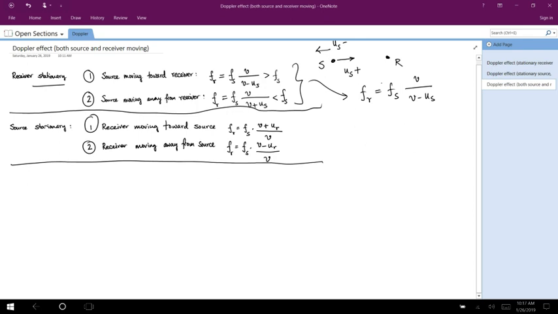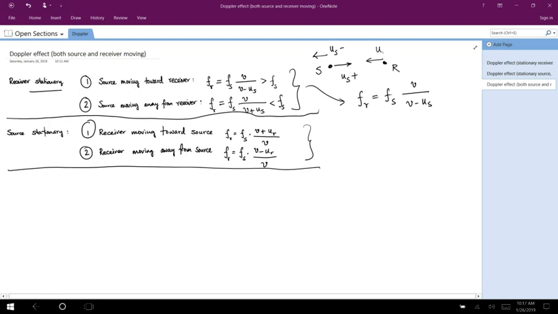We can do a similar thing for when the source is stationary, but the receiver is moving. If the receiver is moving toward the source, we will consider that as my Ur being positive. When the receiver is moving away from the source, Ur is negative. So with that convention, we can come up with a more general formula for the second part.